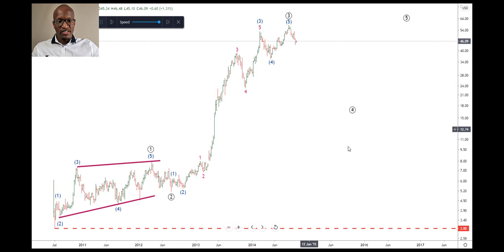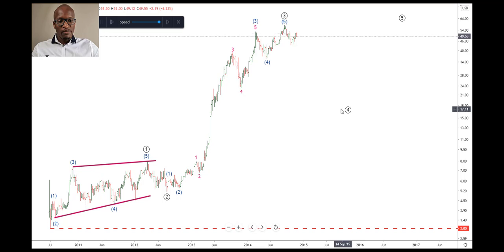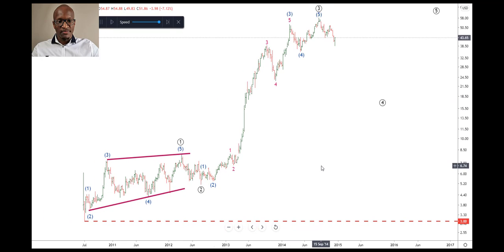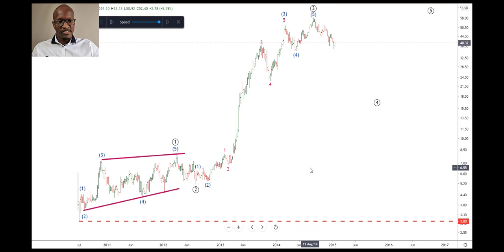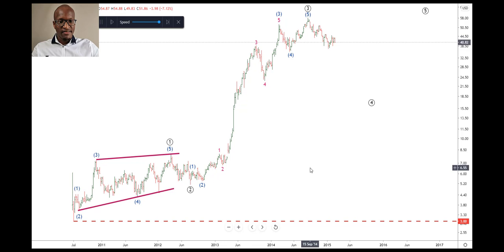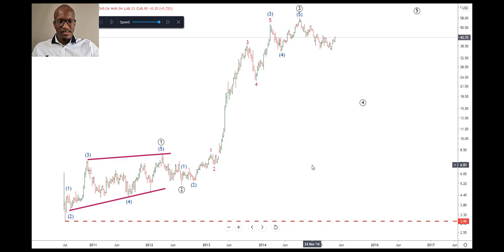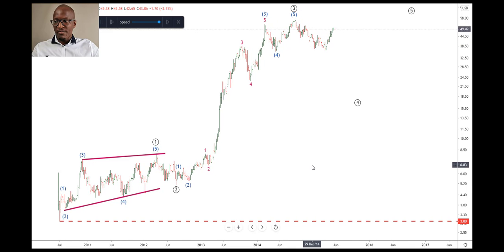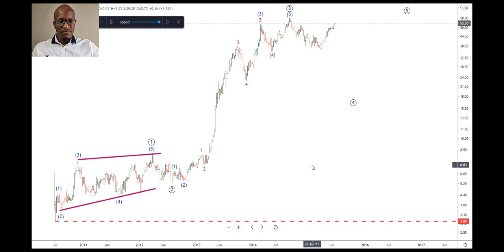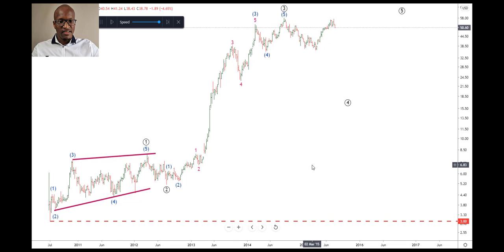And as we proceed, we are now pulling back in wave 4, and prices start to decline. And they start to push back up a bit, but will crash again.